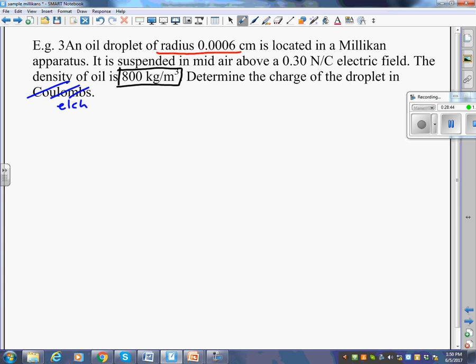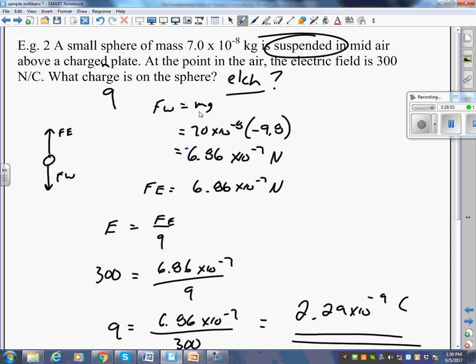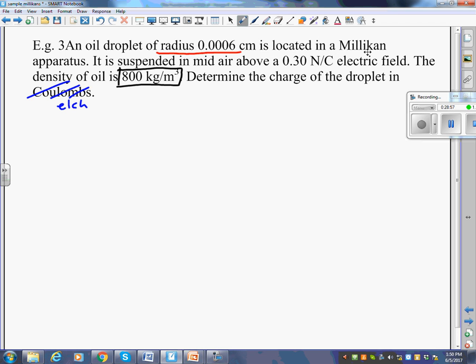Okay. We're going to do these same steps. What did we start with? We started with knowing the mass and defining the weight force, right? I don't have the mass here. I've got to find the mass.